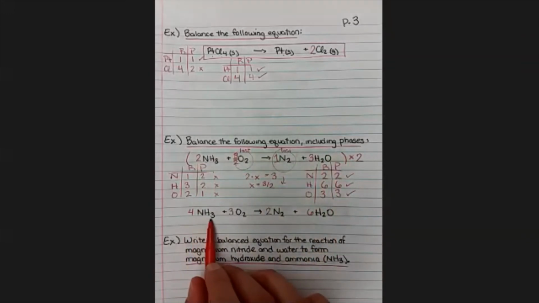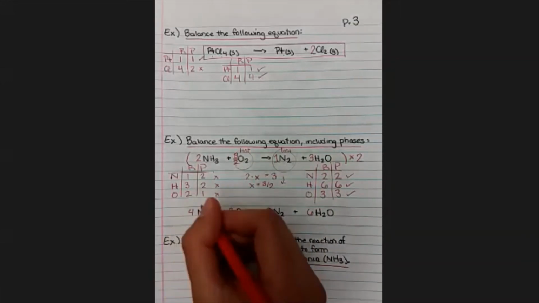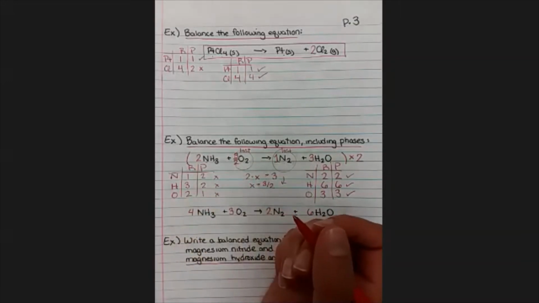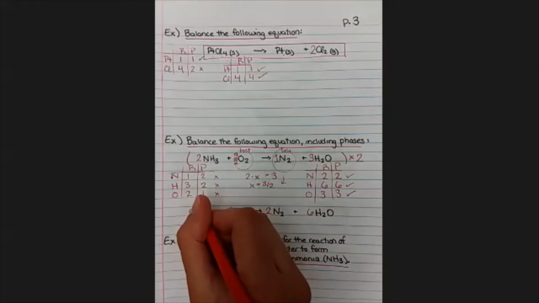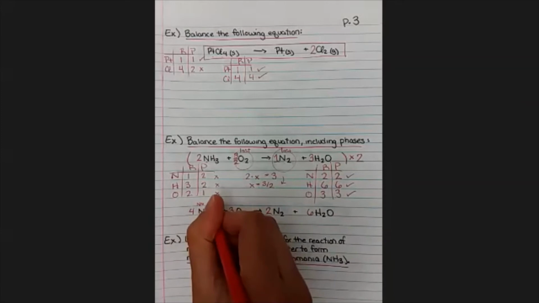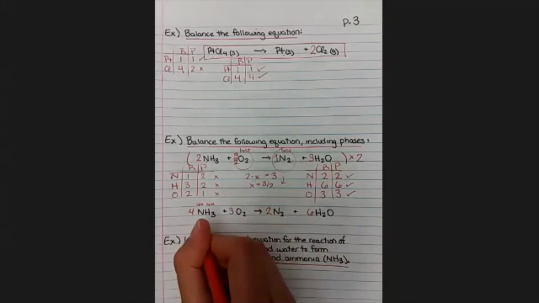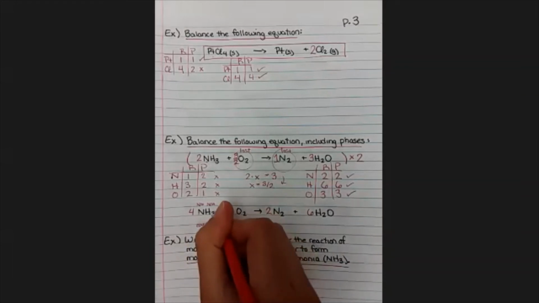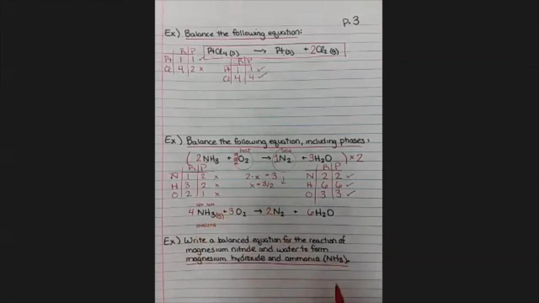NH3 is a compound that you may not have seen before, but as we talked about in our instructions, we can make a guess based on whether this is an ionic or a covalent compound. So nitrogen is a non-metal, as is hydrogen. So this is going to be a covalent compound, and we guess that covalent compounds are usually gases.